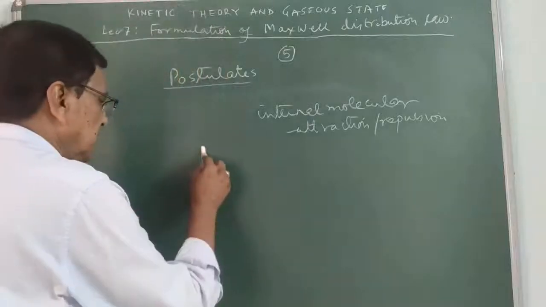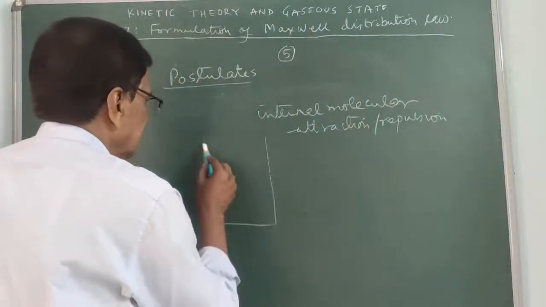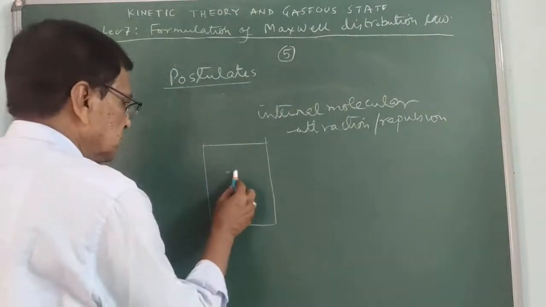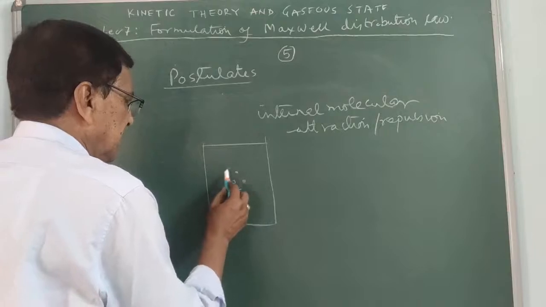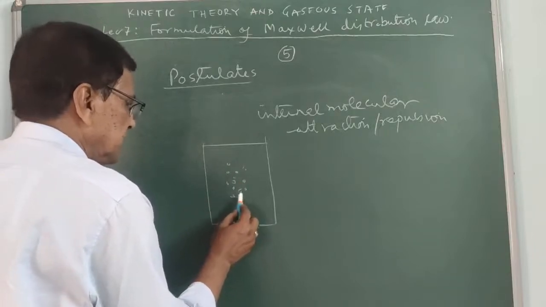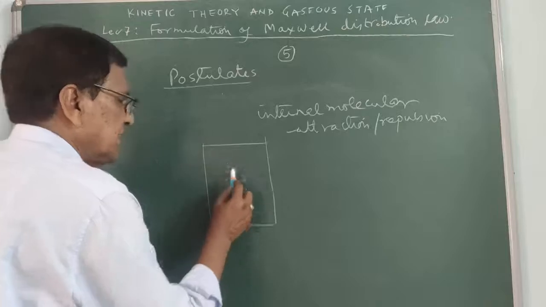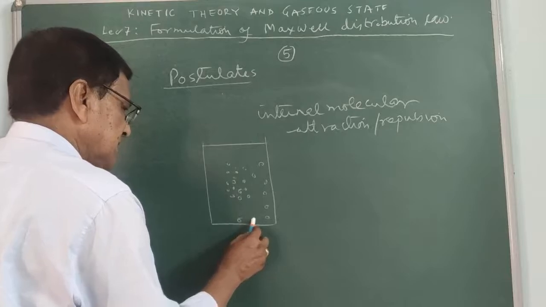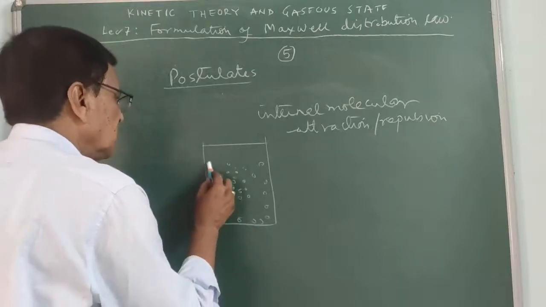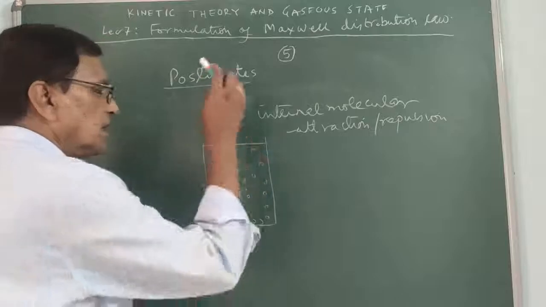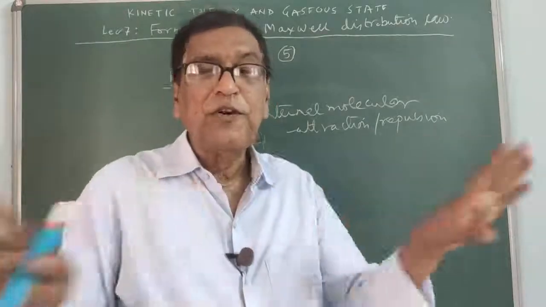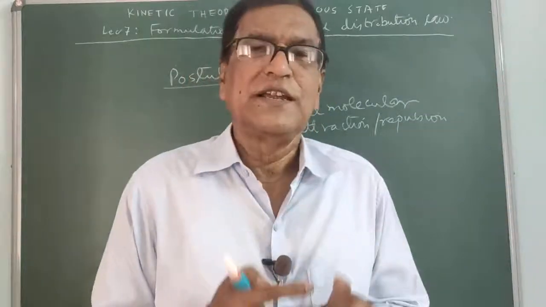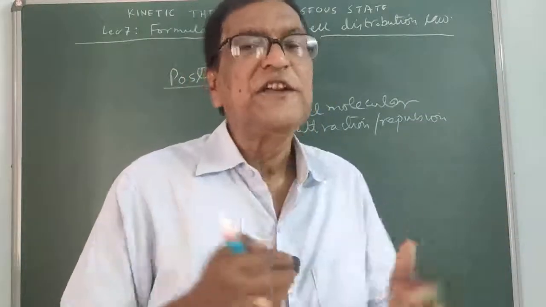If the molecules have intermolecular attractions, then the number density of the molecules in the bulk is very high, whereas the number density just near the wall is low. So uniform distribution is disturbed if the molecules have intermolecular interactions.